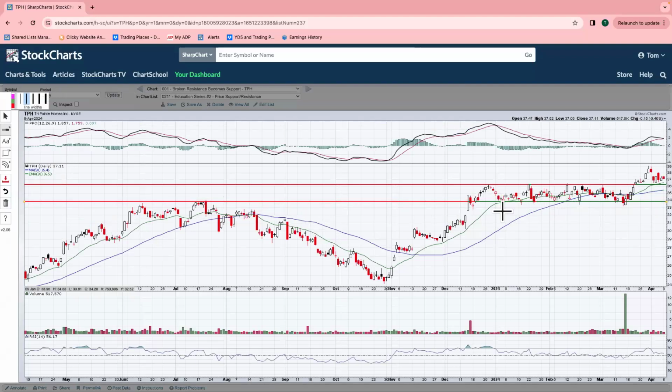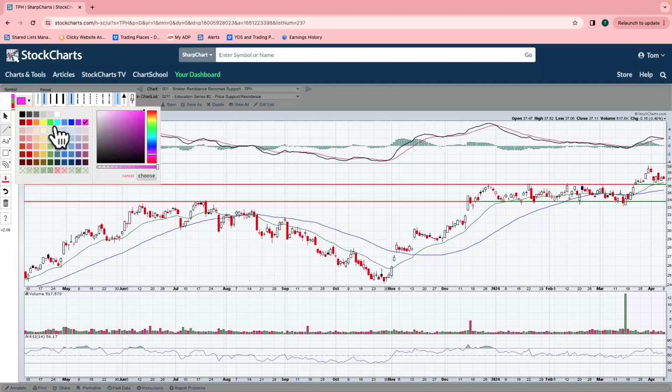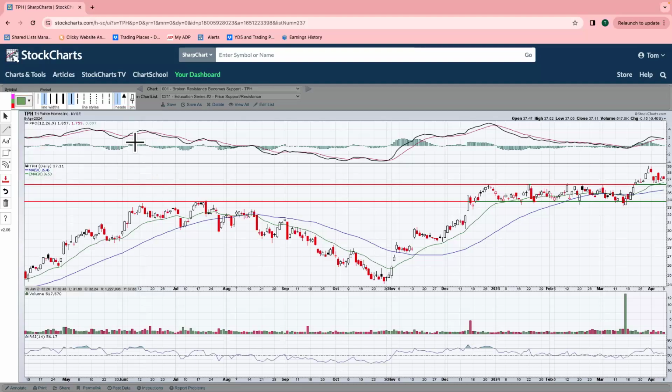Other things that we want to bring into account, though, price support is great, but there are going to be other corroborating indicators on charts that we're going to want to be aware of as well. For instance, I could look at this chart, and again, I'm not going to talk about gaps. That's going to be something that we talk about more in a couple weeks.